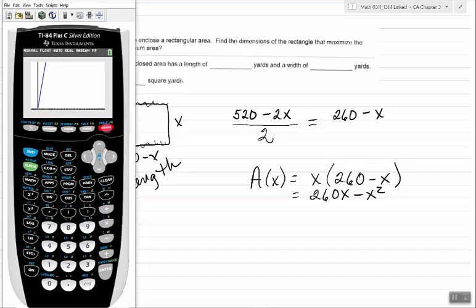Not good. All right, this is really big. So I'm going to change my x max to about 300. And I'm going to make this be about 5,000. Sometimes this is just guessing.